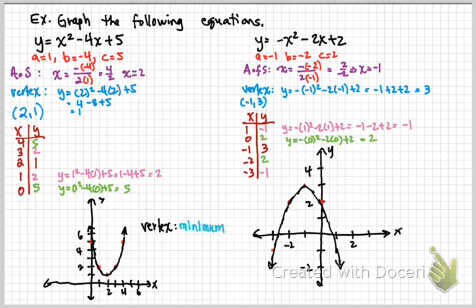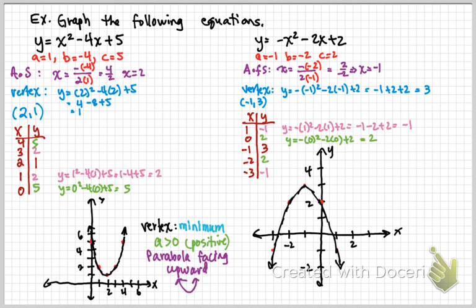Okay? And what I notice is interesting is that the A value was positive. And that led to the parabola facing upward. Some people refer to that as a smile.